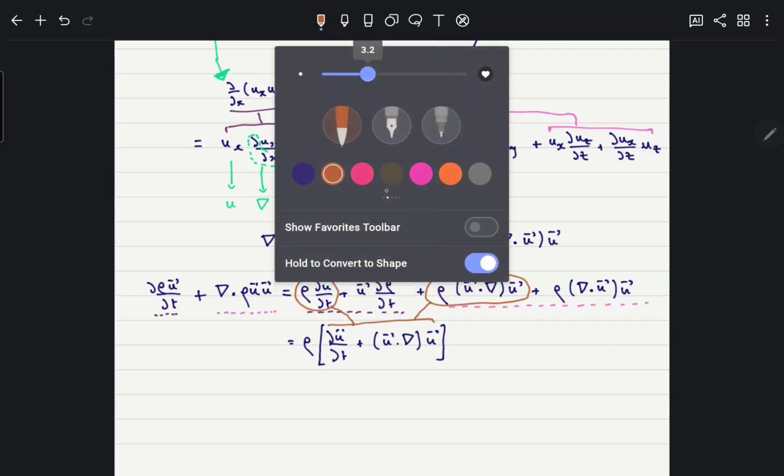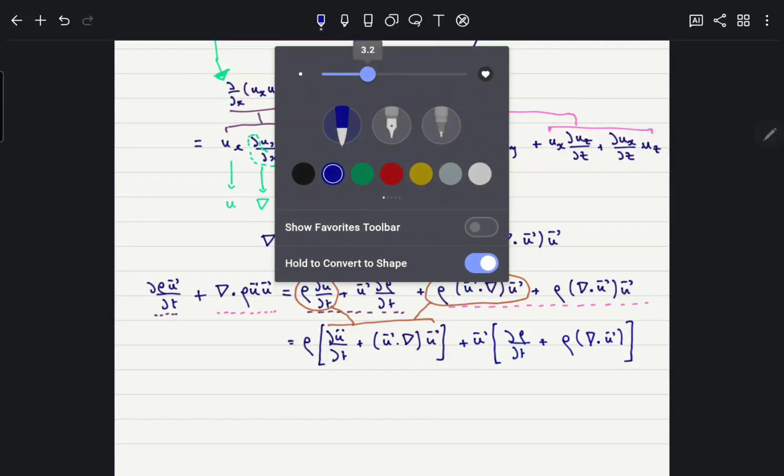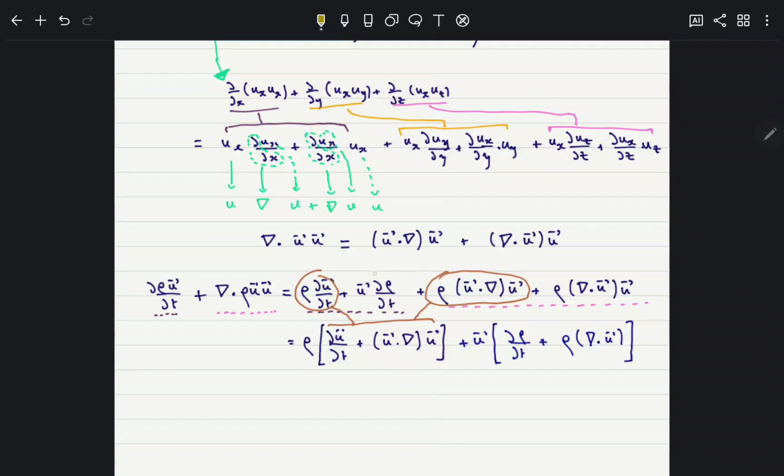And I think you see where I'm going. You can see what I want to do next. I will take the two remaining terms and I will have u times d rho over dt plus rho, sorry, not inverted delta, times divergence of the velocity. Okay, and that's for these two terms here.